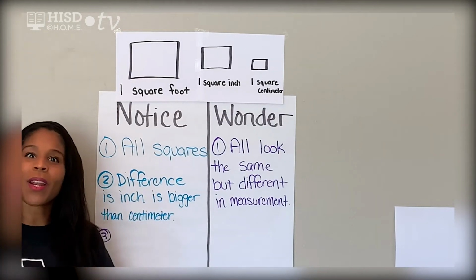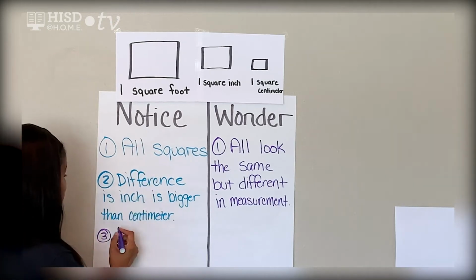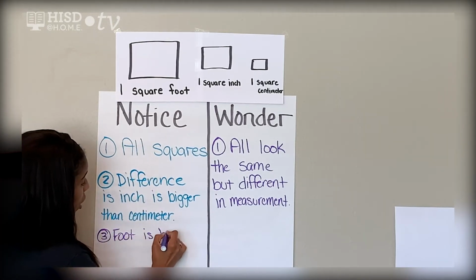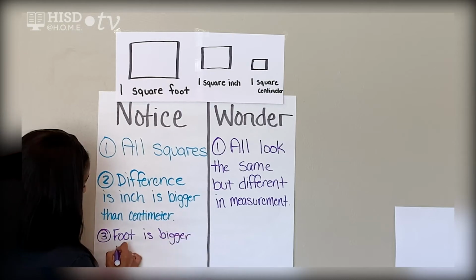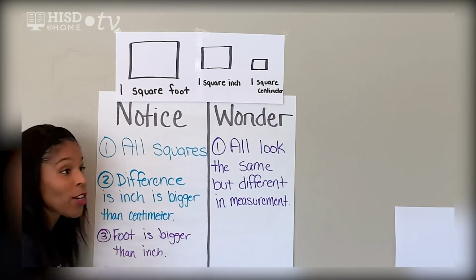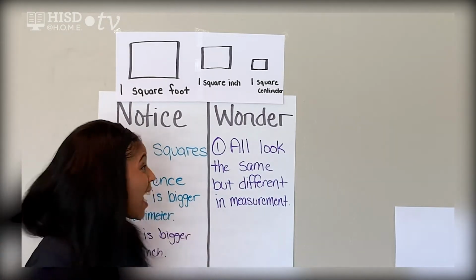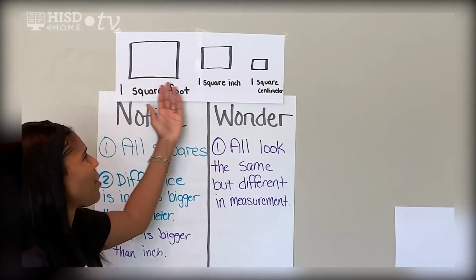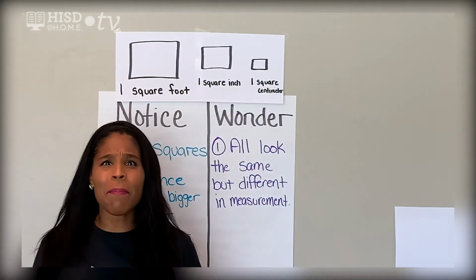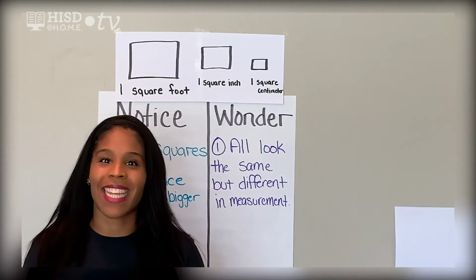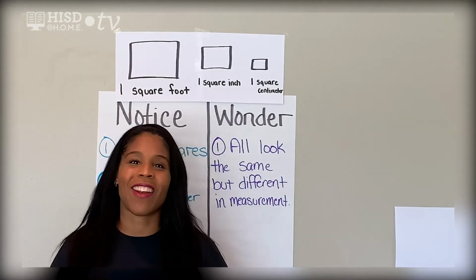I just noticed that when I was talking to you, that my foot is bigger than inch. Wow, I noticed some other things. I know you guys had some more things to add on too. And then I'm wondering, how they all look the same, but they're different in measurement. Today we're going to learn exactly why it's like that. I can't wait till we get started.